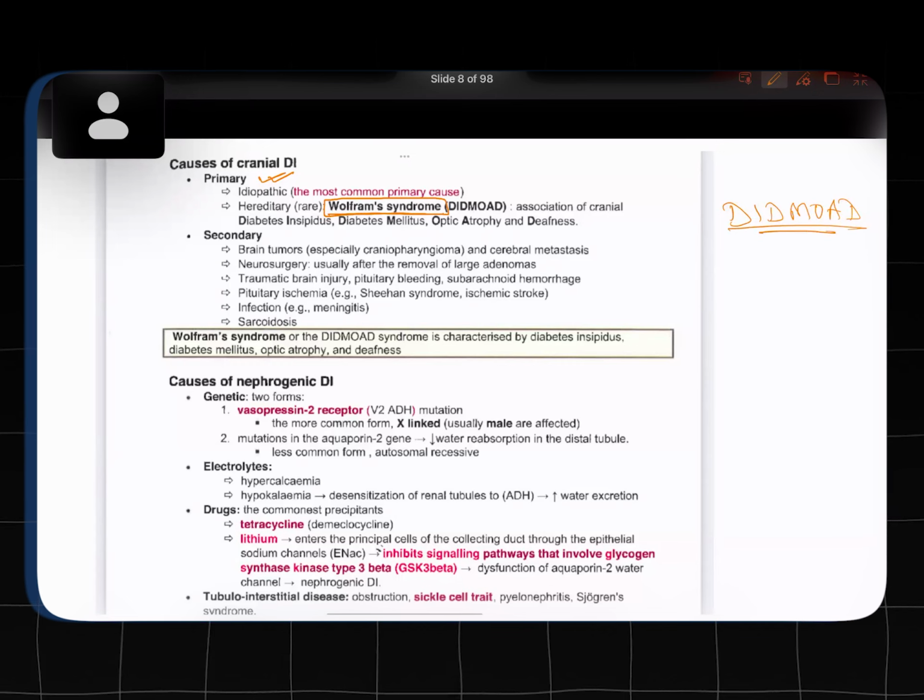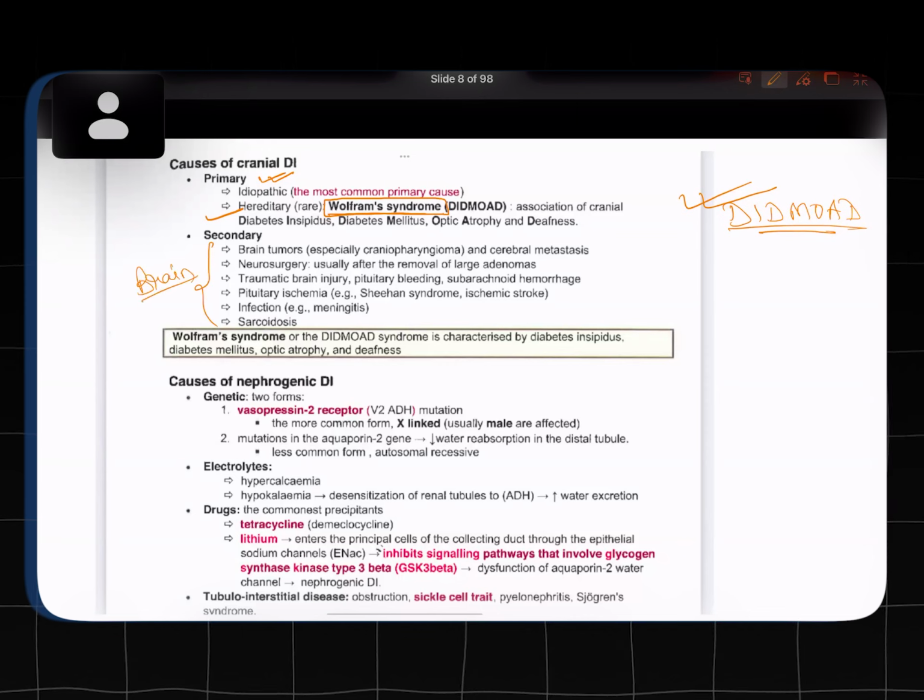It has come multiple times in MRCP part 1 and part 2. This one: diabetes insipidus, diabetes mellitus, optic atrophy, and deafness. Secondary causes I have discussed: anything related to the brain. If it is an infection or a trauma or a stroke or a surgery or a sarcoid, that is neurosarcoid, anything can cause secondary DI.